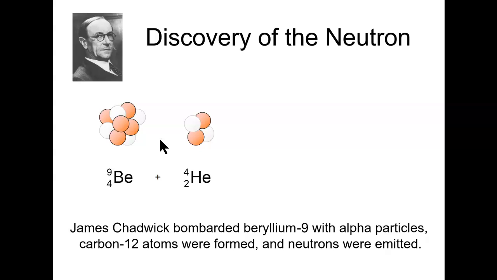So when he combined these, or smashed these together, all right, these electrons were emitted. And so 4 plus 2 equals 6. And sure enough, he was able to form the element carbon.